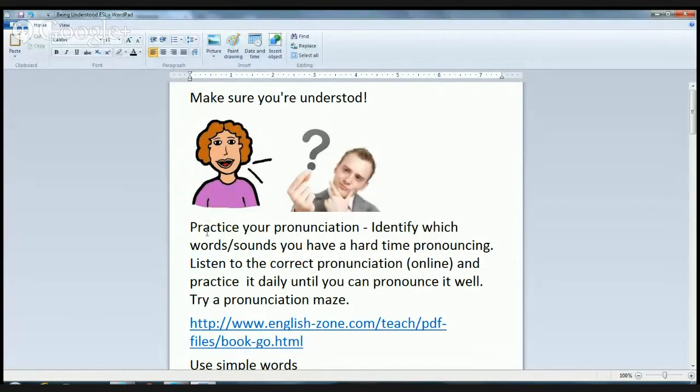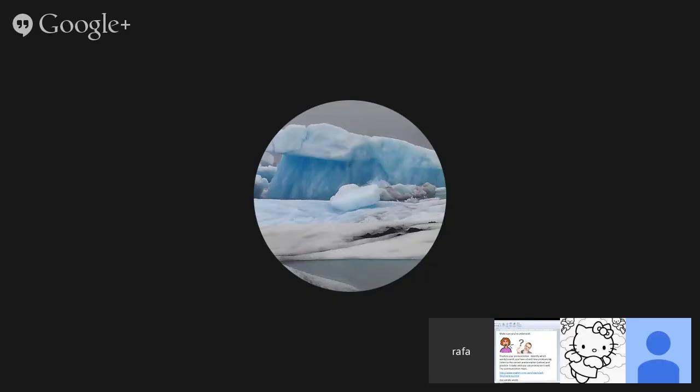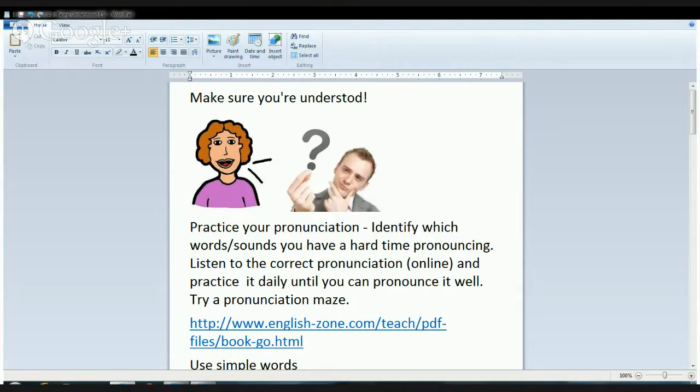Now let's take a look at the two pictures that are here on the board. I'm going to ask Rafa, can you explain what is happening in the two pictures that are on the screen? Yeah, I'll try. There is a woman or a girl talking, saying something, and in front of her there is a guy, a boy, that perhaps didn't understand what she's saying.